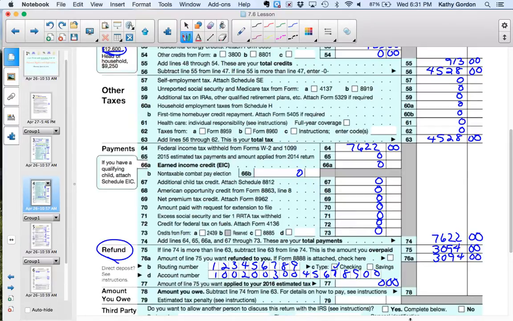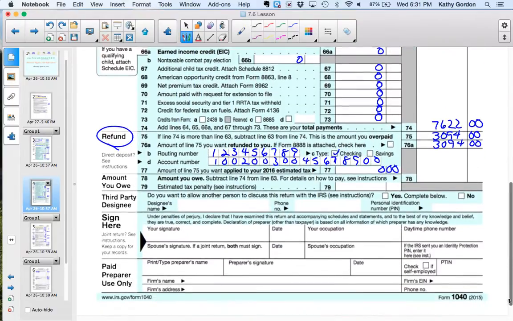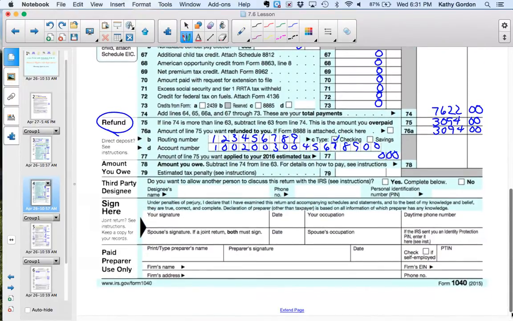Okay. And then 78 gets us into the next section, which is if we were to owe money, which we do not. So we do not have to fill that section out. And so if this was paper, we would now finish this off by signing. And so Brian O'Sullivan would sign today's date. So let's say it's 4/28/16. And his occupation is a cameraman.